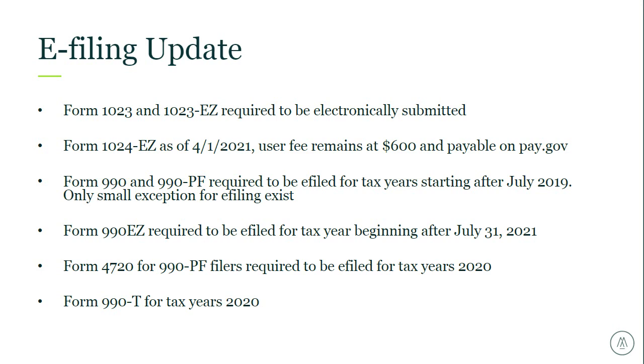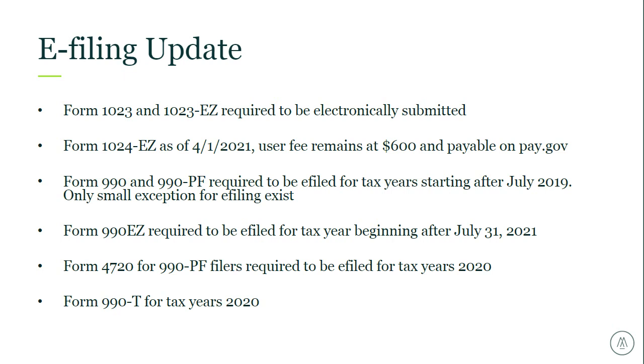Historically, you were able to type into a PDF and then submit it via paper. Now it's electronic. The Form 1024-EZ, as of April, is also now due online.